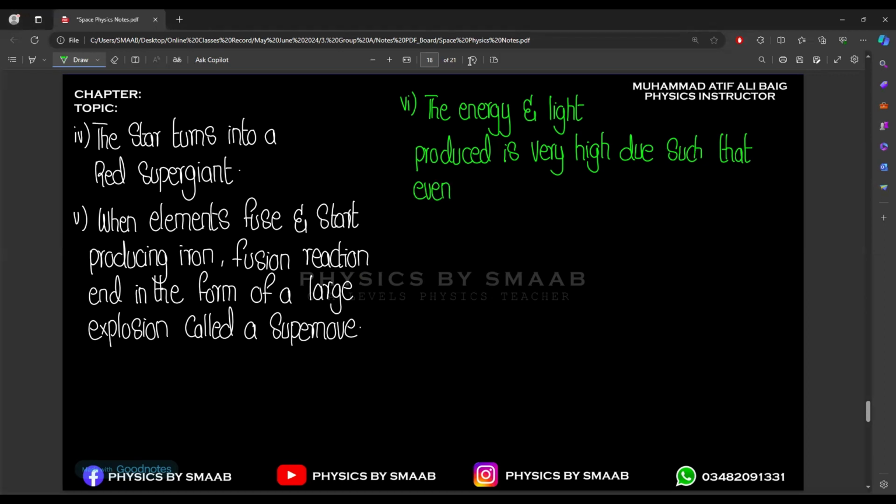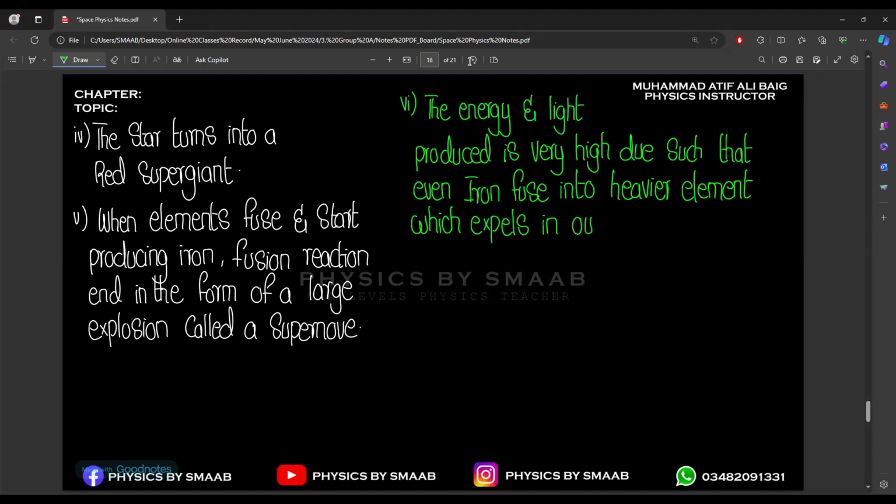So this light energy and thermal energy is so high that iron starts to fuse into further heavier elements, which are expelled into outer space as clouds or nebula.